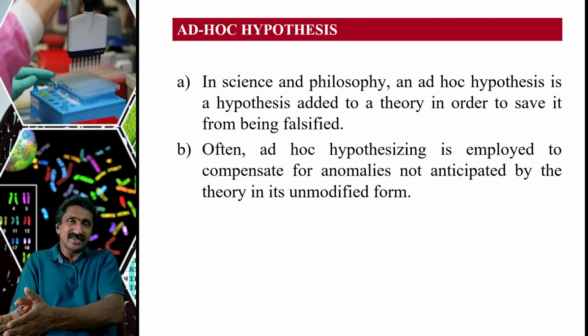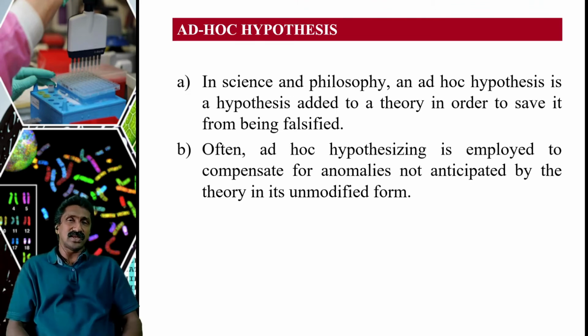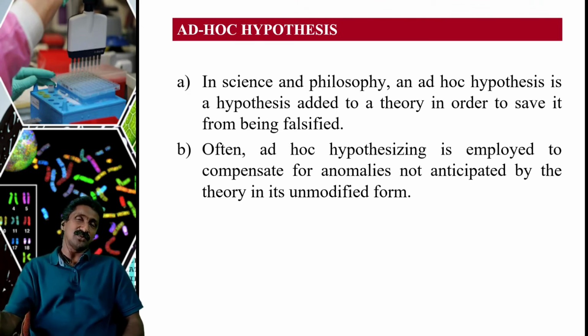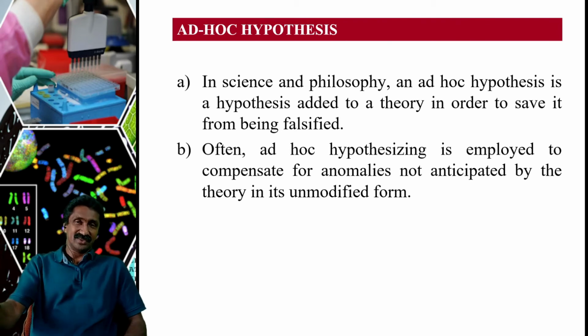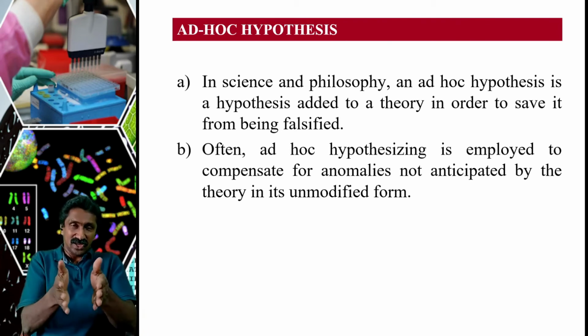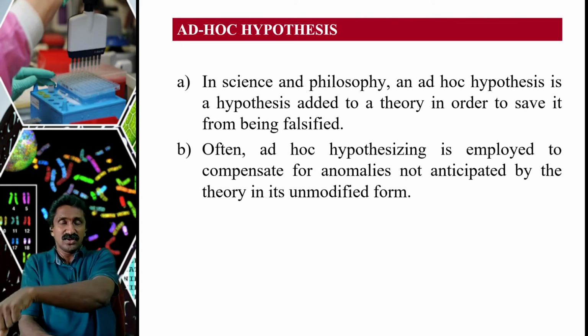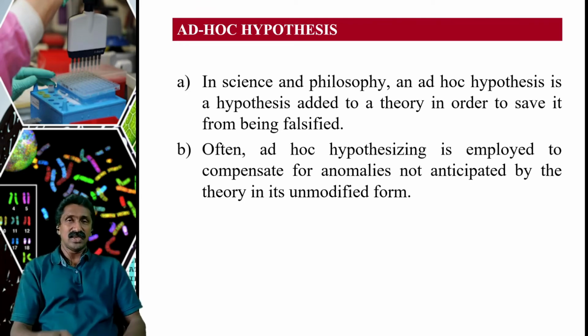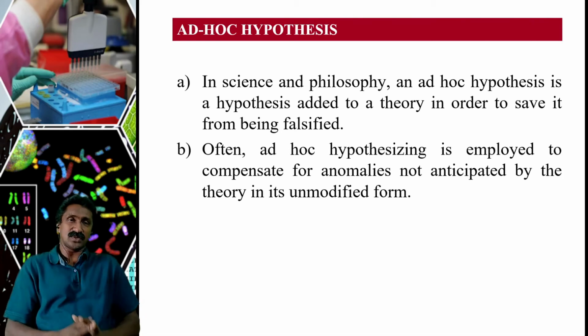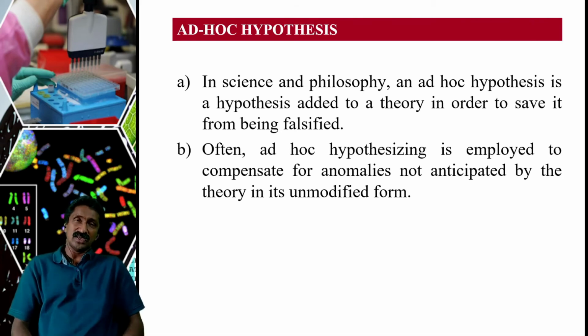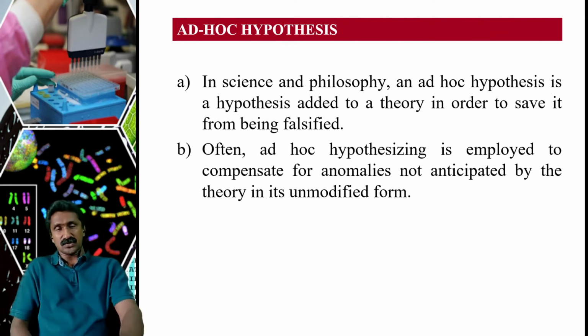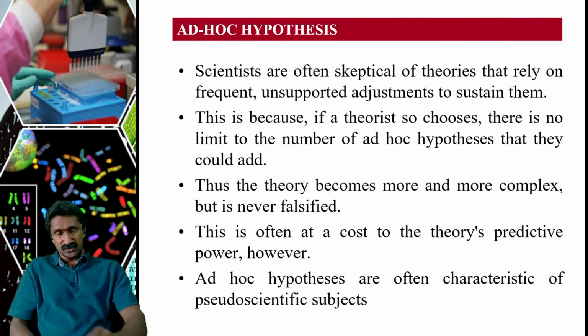You set some exceptions so that the ad hoc hypothesis will address that exception. If the hypothesis was falsified because of some exceptional cases, and you can reject those cases by adding an ad hoc hypothesis, then your hypothesis is saved from being falsified. Such hypotheses are known as ad hoc hypotheses.